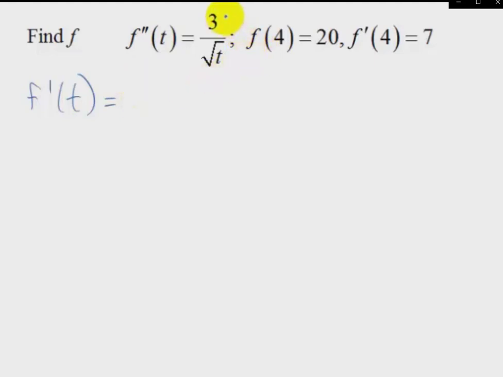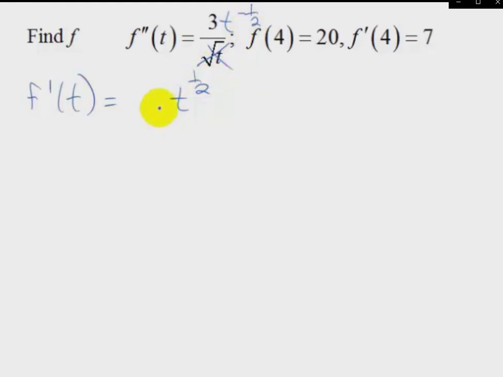Well, let's first of all think of this as t to the negative 1/2. It's another way to express a radical as a rational exponent, and then to move it up we would put that negative on there. And the reason we'd want to do that is because to do an antiderivative we need to think of the power rule in reverse. So one higher power here would have been a 1/2.